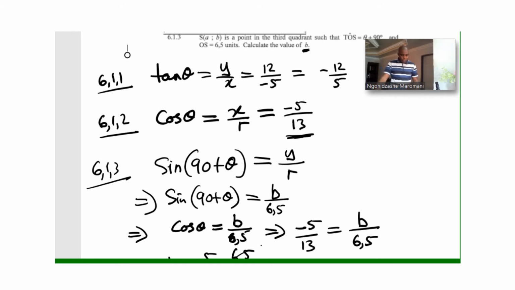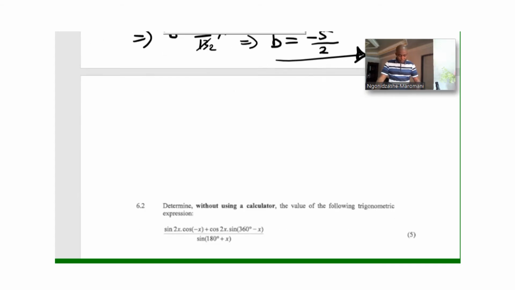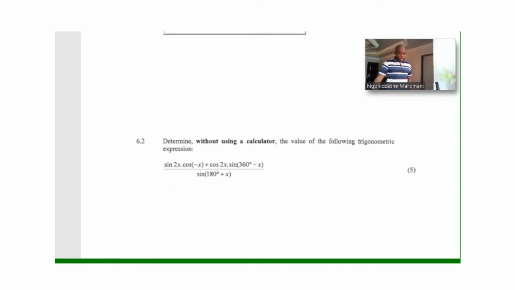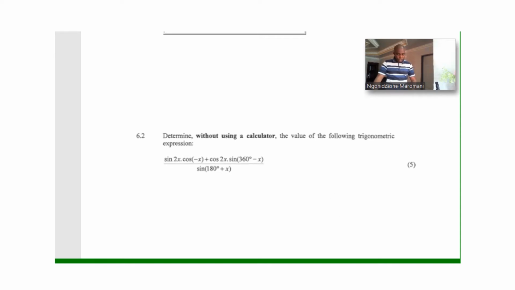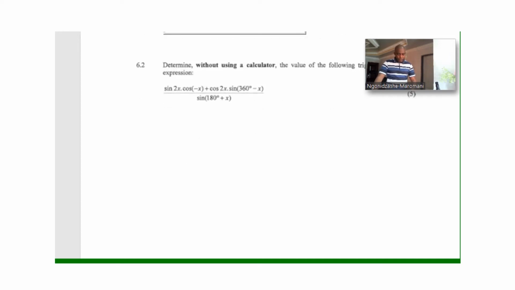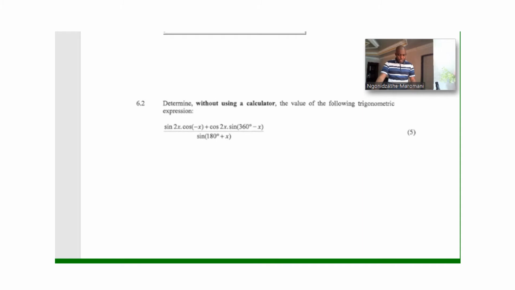Right, now let's go to the next question. The next question is also a very important question, and it's saying determine without using a calculator the value of the following trigonometric expression. So on this question we have the trigonometric expression, and let me just rewrite it again.